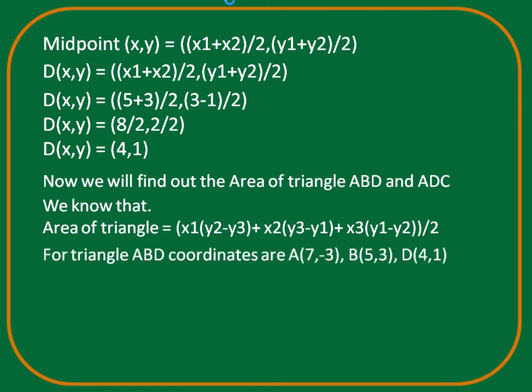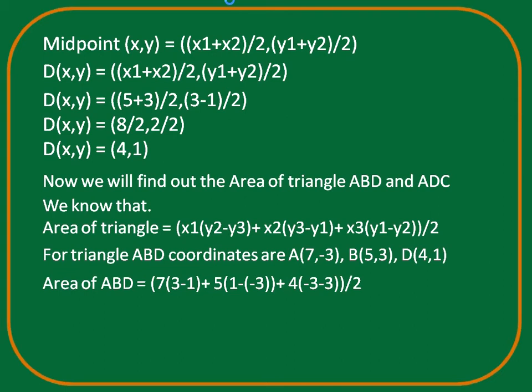Now for triangle ABD, the coordinates are A is 7 and minus 3, B has 5 and 3, and D has 4 and 1. The area of ABD, by substituting the values of x1, x2, x3 and y1, y2, y3, we get this formula.